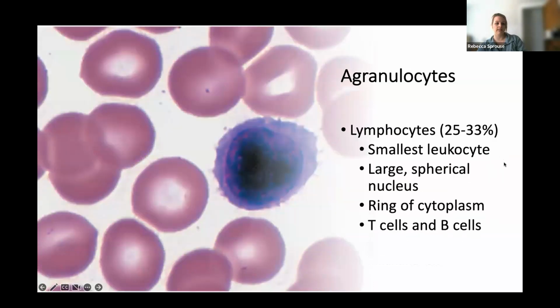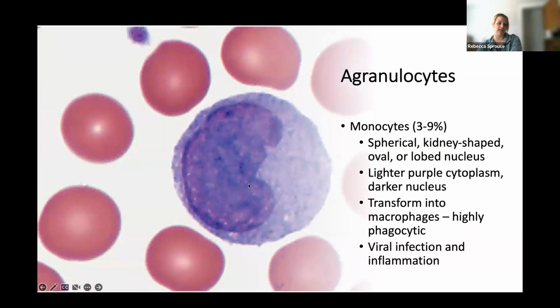The other one is a lymphocyte, and these are the second most abundant leukocyte in the body. They are also the smallest. Now, the nucleus here, we have dark purple, light purple again, just like the monocyte, but this nucleus is very large. It takes up almost the entire cell, and it's very, very dark. And it's spherical.